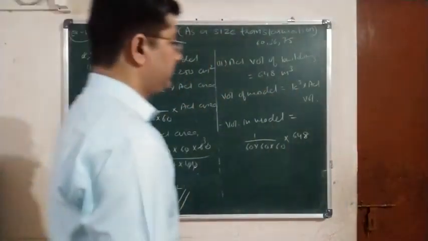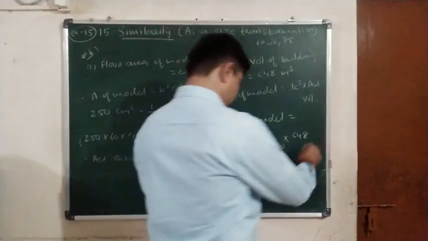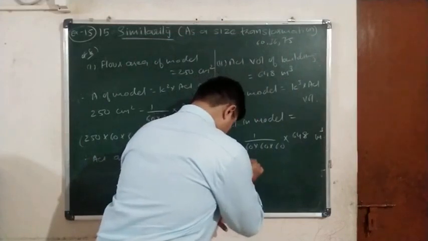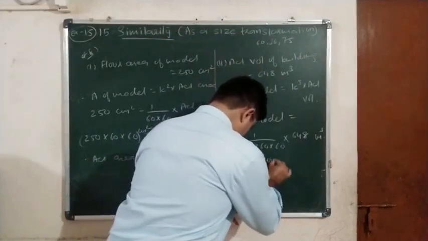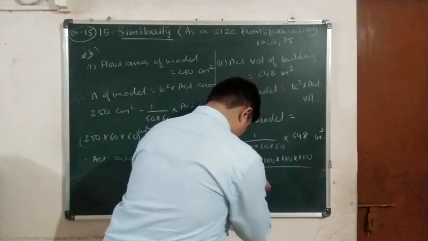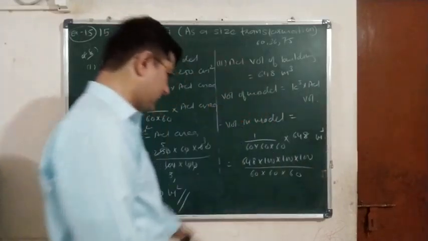Now cubic meters into cubic centimeters we will convert. This is cubic meters, so we have 648 into 100 into 100 into 100 upon 60 into 60 into 60.